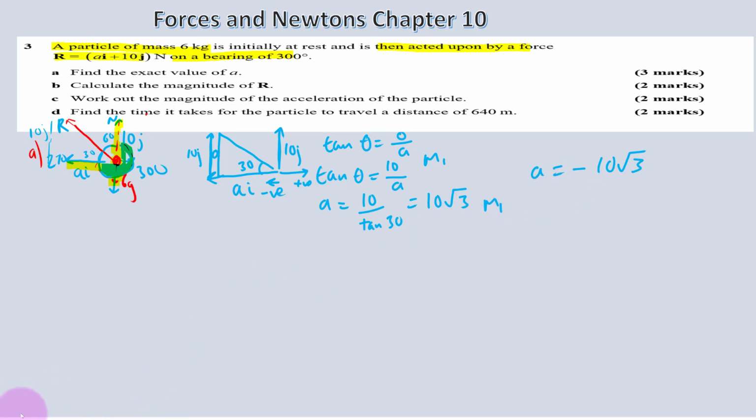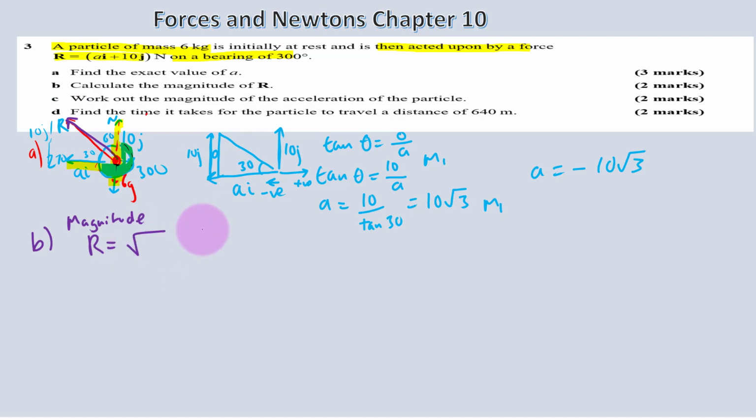B. Right, lots of you know how to find the magnitude. That was really good. Do write R equals magnitude, just say magnitude. So the magnitude is what this is, okay? So it's like Pythagoras theorem.